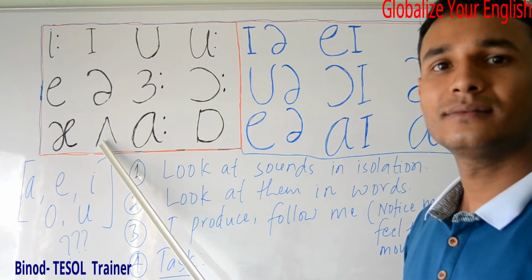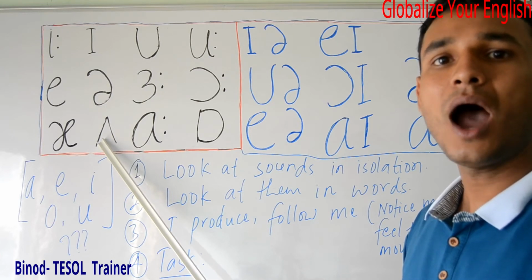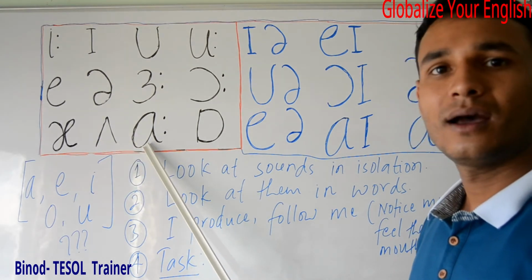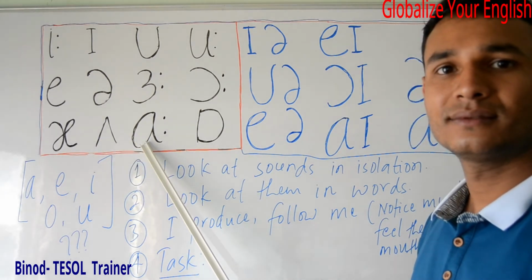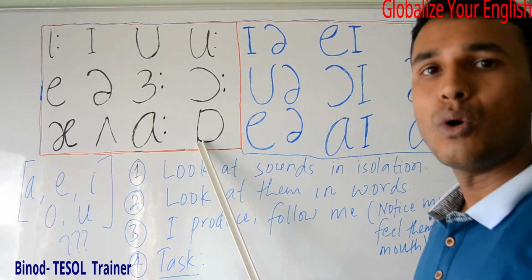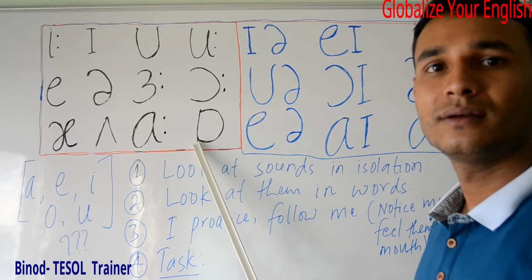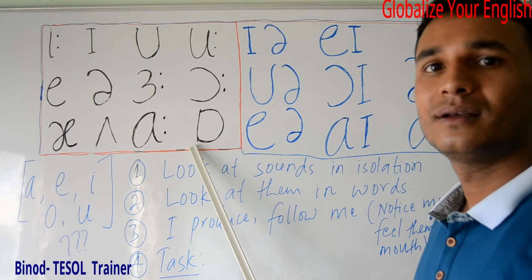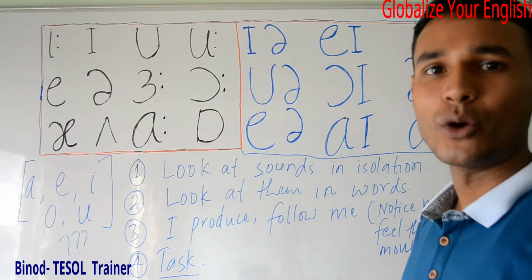A. Pretty quick. That one. A. This one. O. Okay. This is how we produce them.